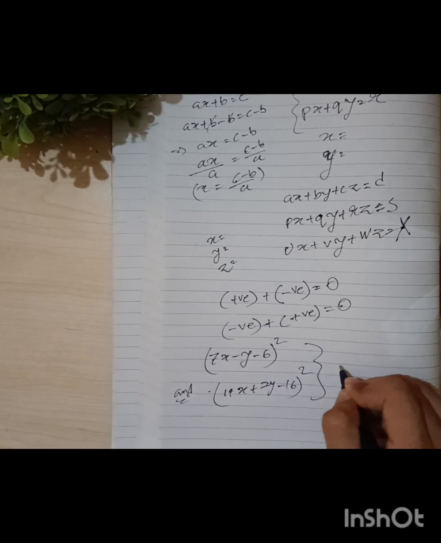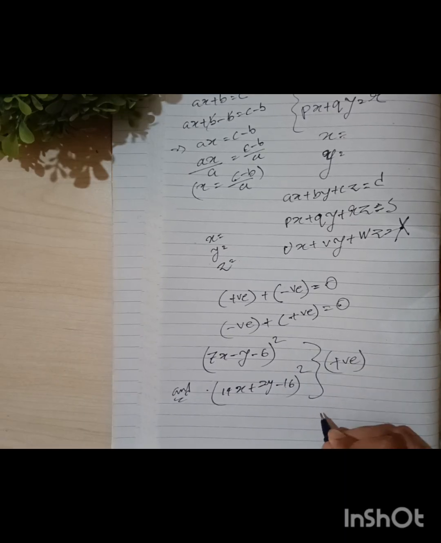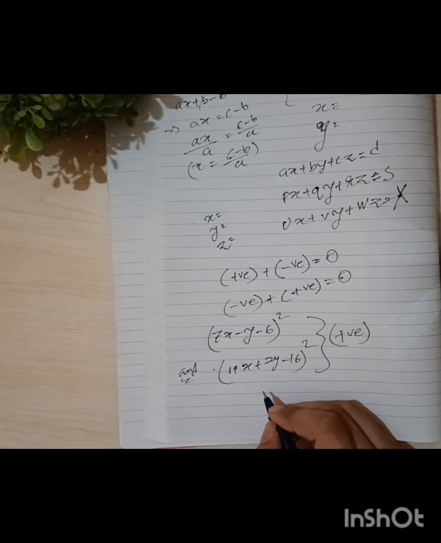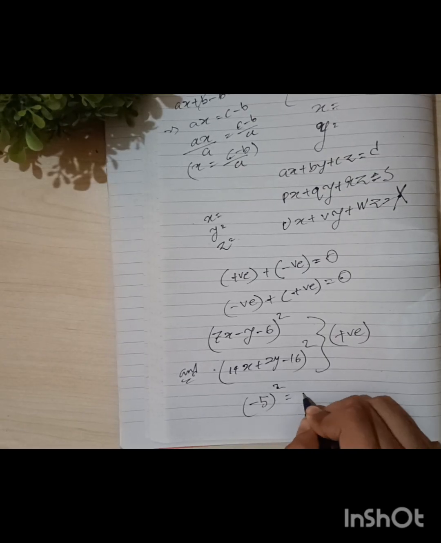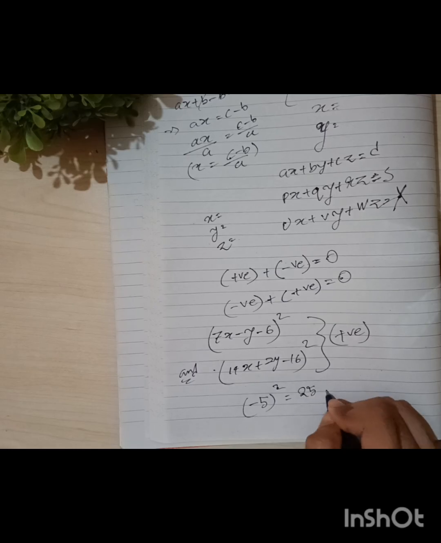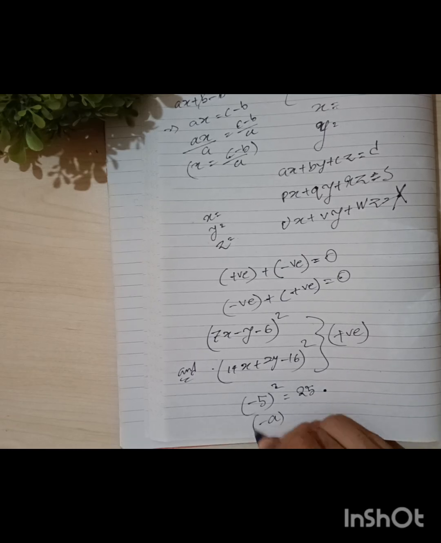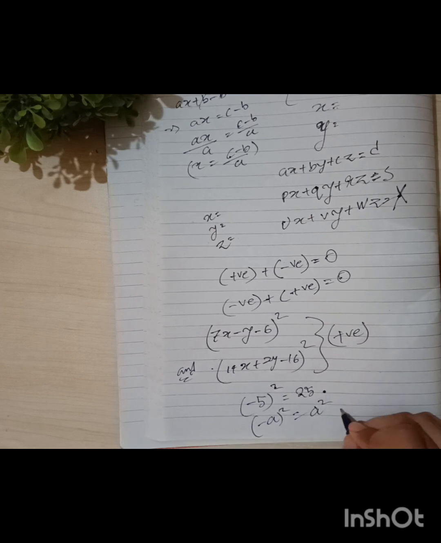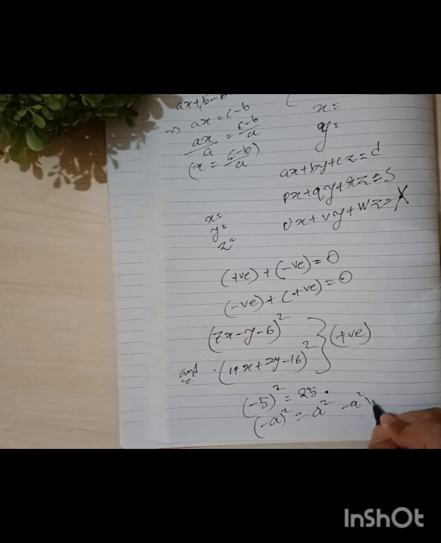They both are positive values because they both are squared. If we square a negative number like minus 5 squared, we always get 25. And minus a square is a square, not minus a square.